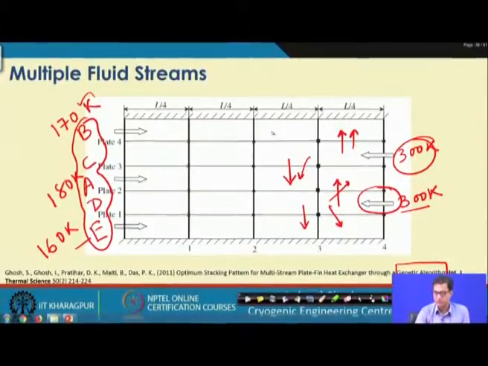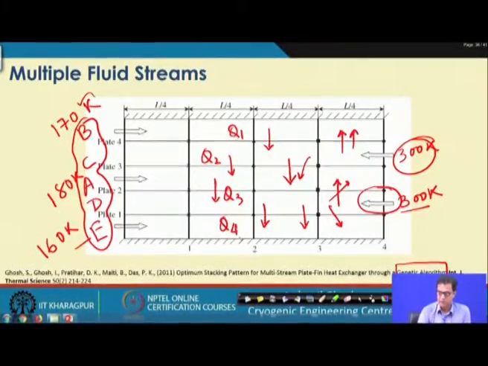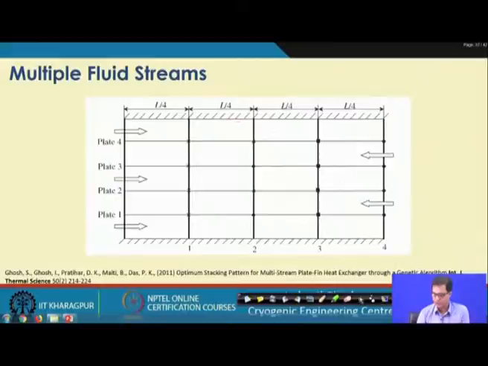Now, individually, we say this is Q1, then Q2, Q3 and Q4. Deliberately, we put all the downward ones as positive, so if it is happening the other way, it will be negative. So, this is the individual heat getting transferred, Q1, Q2, Q3, Q4, and the cumulative is obviously their addition. So, we will have a look into that part.